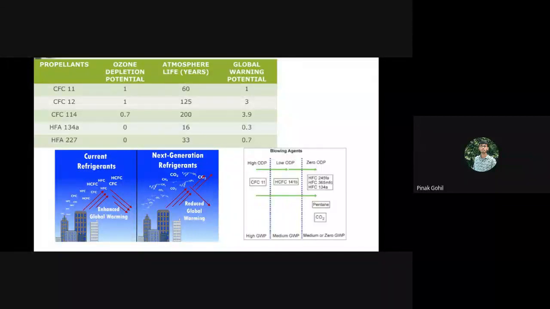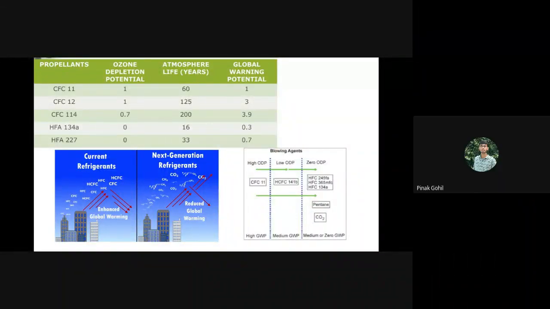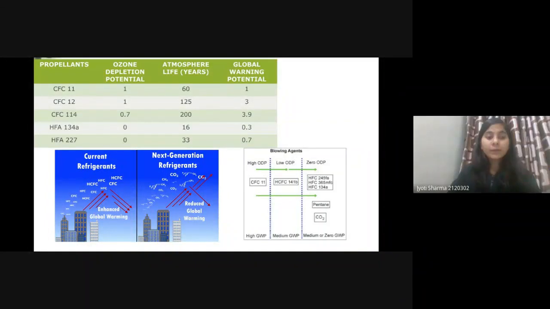Right now we are using hydrofluoro compounds instead of chlorine ones, but the ozone depletion potential cannot be zero. It may be a small value like 0.00, but you can check it, because I didn't care about this much. I'm just showing you what I got from Wikipedia.